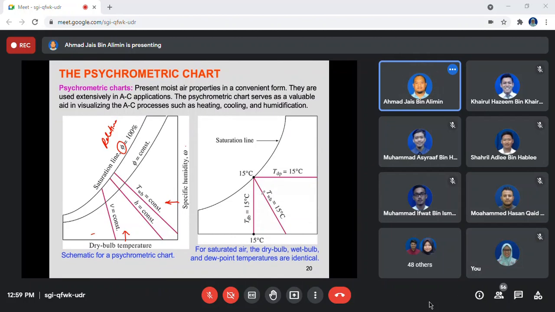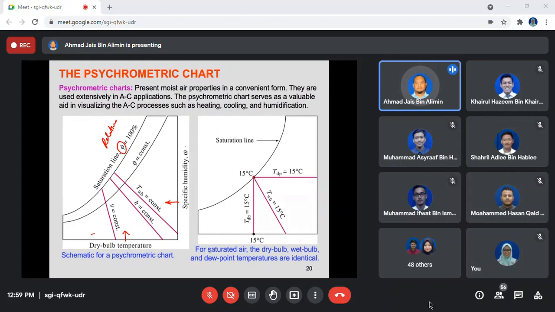So if you reach this saturation line, for example here, the saturation condition, the temperature is 15 degrees Celsius. So basically, this is the dew point temperature, and this is also the wet bulb temperature, and this is also the dry bulb temperature. Okay.